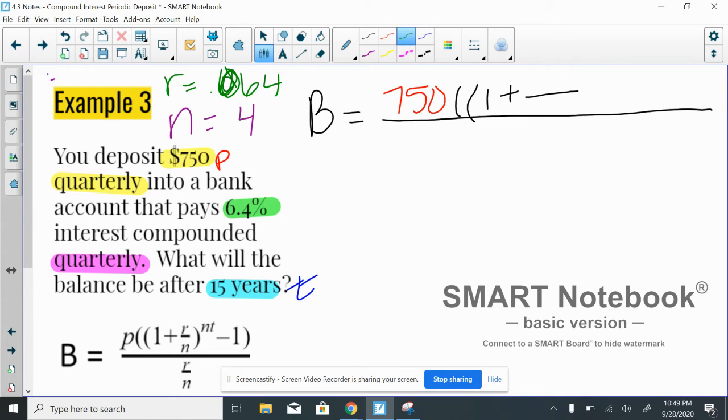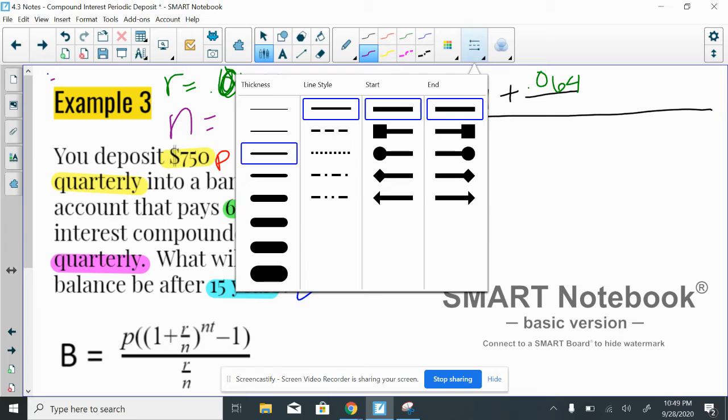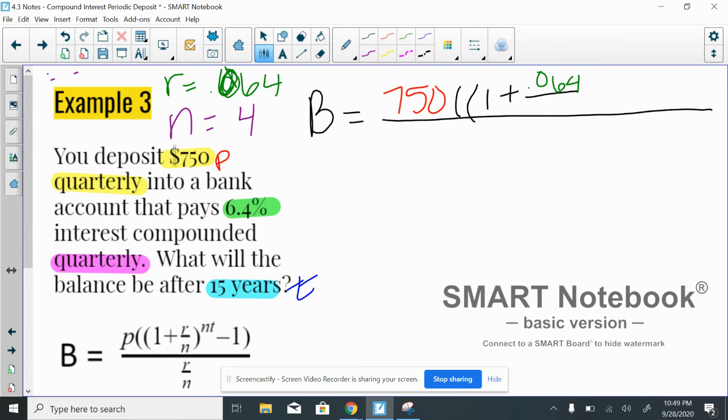And so I have my rate at 0.064 divided by my n value of 4. That exponent is going to be 4 times the year value of 15. Okay, the whole thing is going to have the -1 and the ending parentheses on it.